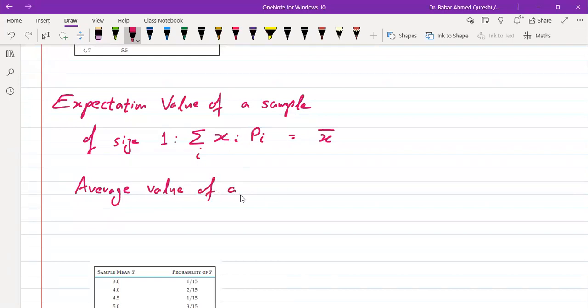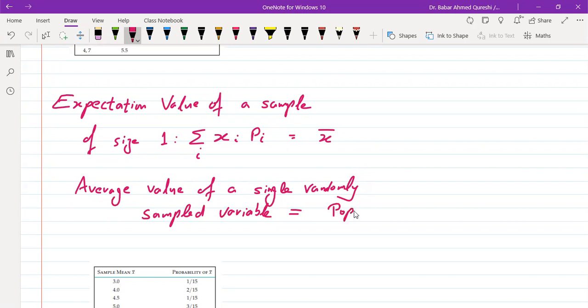Average value of a single randomly sampled variable is equal to the population mean.